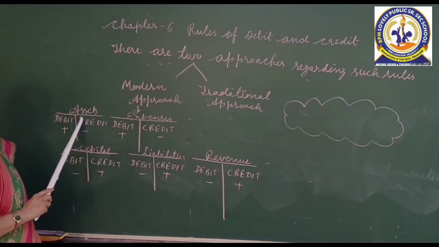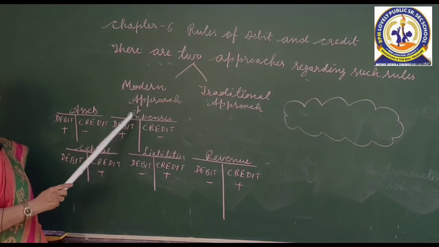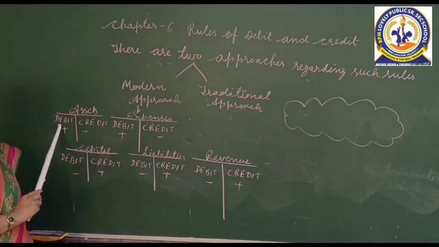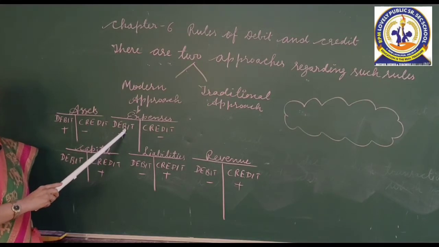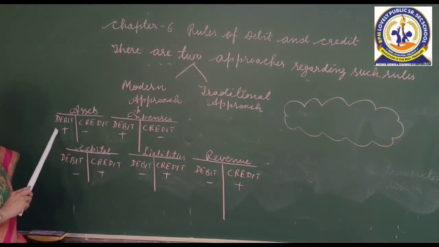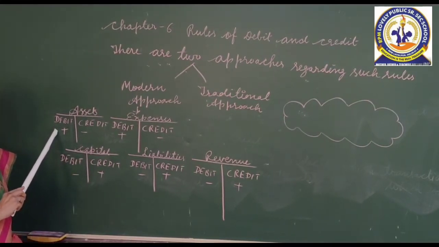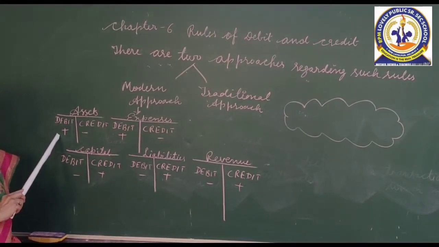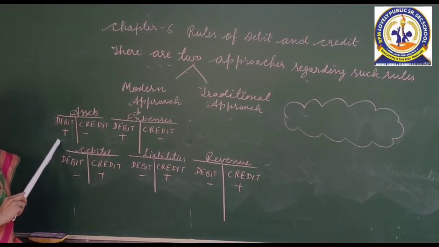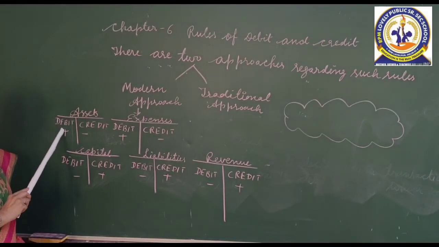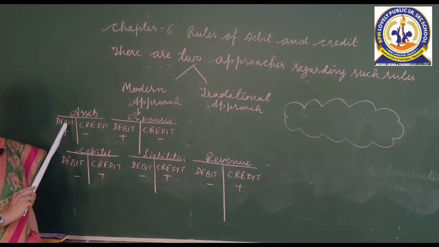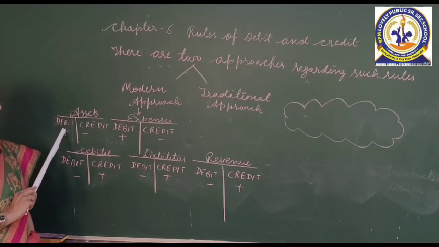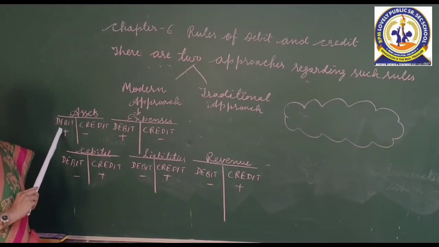We can say AE. AE have debit balance, meaning all assets and expenses have debit balance. If there is an increase in the value of an asset, like we are purchasing a building or furniture, the amount will be shown on the debit side, because there is an increase in the value of building, machinery, furniture.